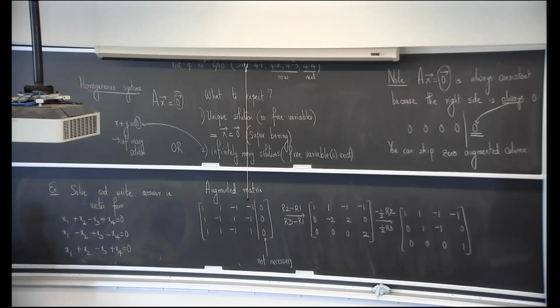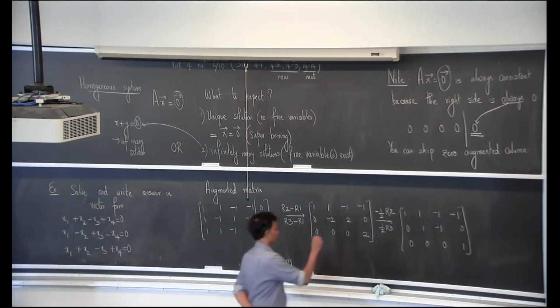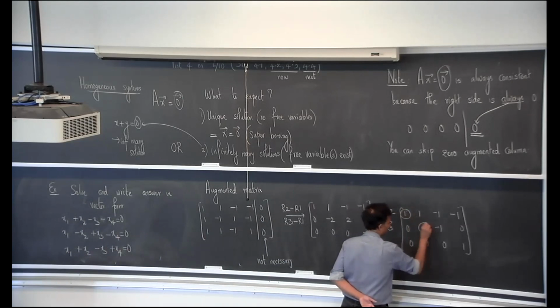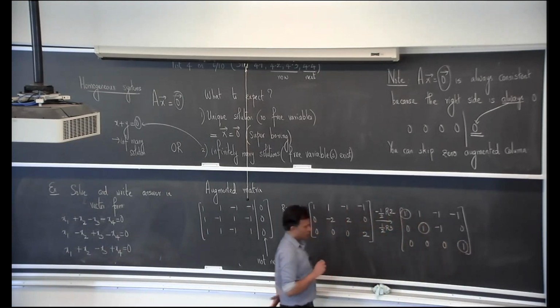Any answers online? Somebody here said 1. How many free variables? If it helps, I can circle the leading ones. That might give away the answer, but those are the leading ones of each row.